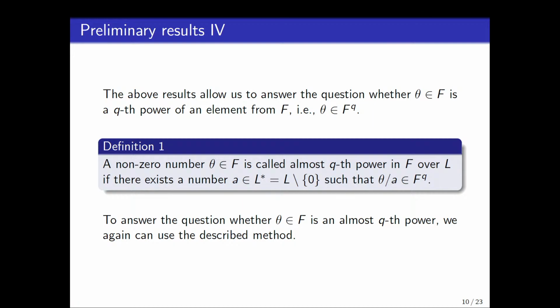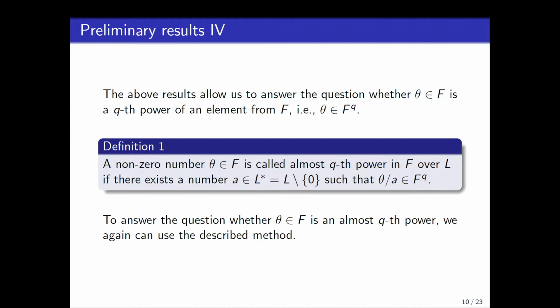So why do we need this? We need to introduce some more definitions. A non-zero number theta is called an almost Q's power. First, we start with the definition of a Q's power. So theta from the field F is a Q's power of an element from F if there exists such an element in the field.